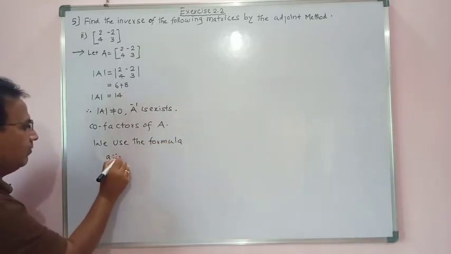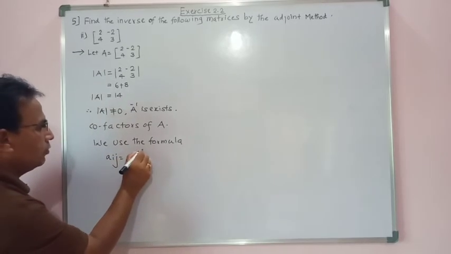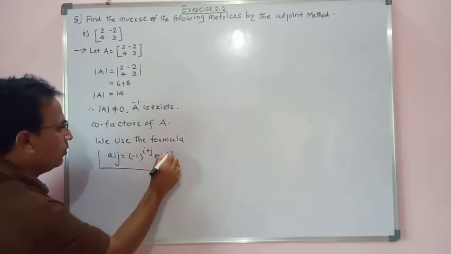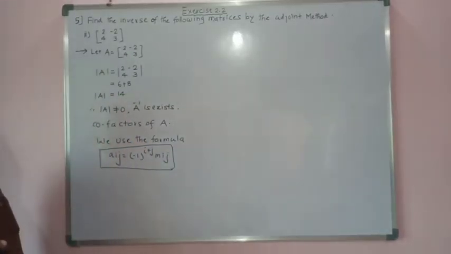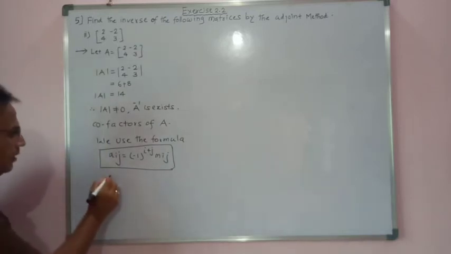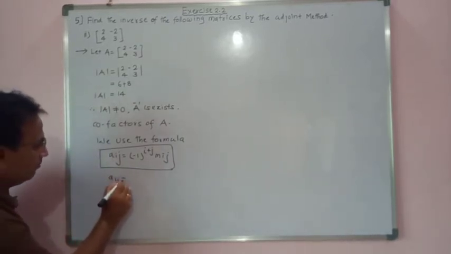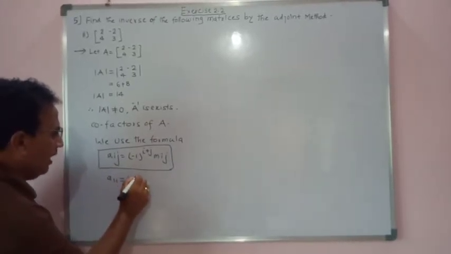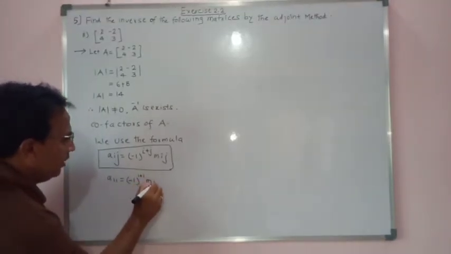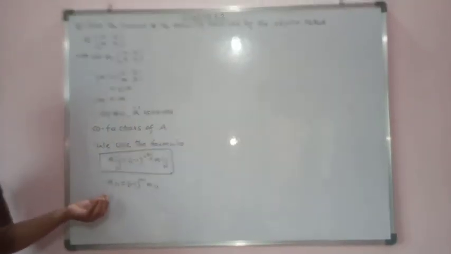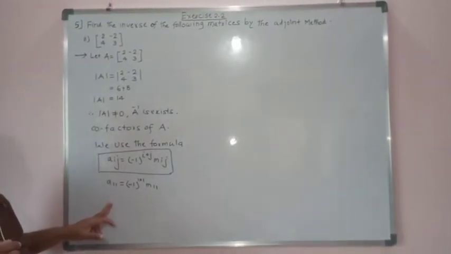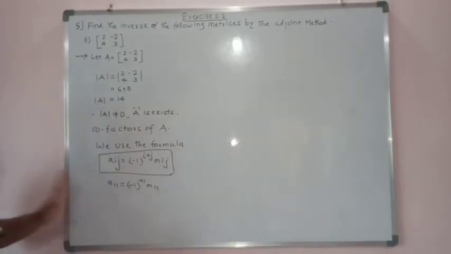Aij equals (-1) raised to i plus j into Mij. This is the cofactor formula. Therefore, the first cofactor is A11. A11 equals (-1) raised to 1 plus 1 into M11. This is the first row, first column. 1 plus 1 is 2, and 2 is an even number, so we directly use plus 1.